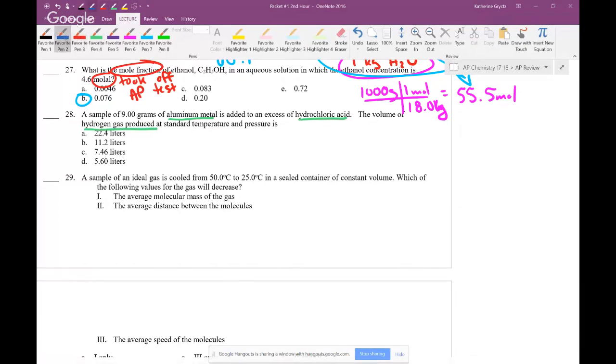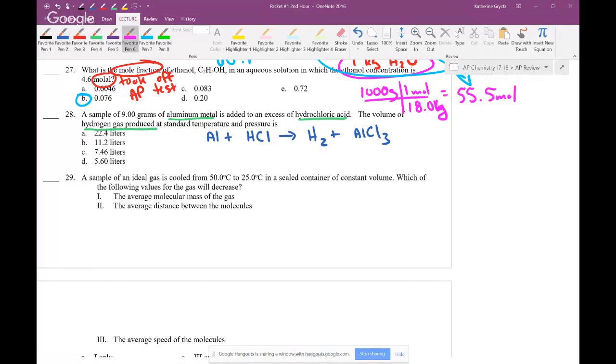At that point, I would probably write myself a chemical reaction. All right, so aluminum metal and hydrochloric acid are making hydrogen gas. They clearly have to make another product. I did AlCl3. Perfect.